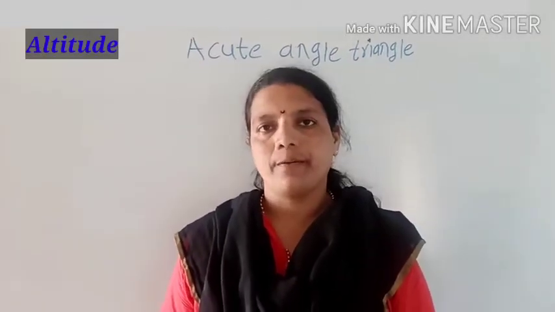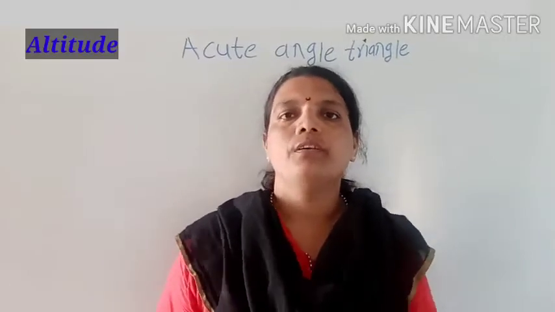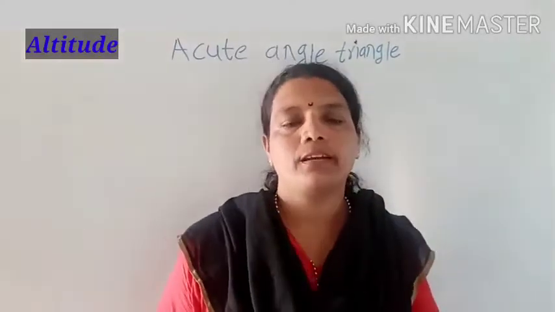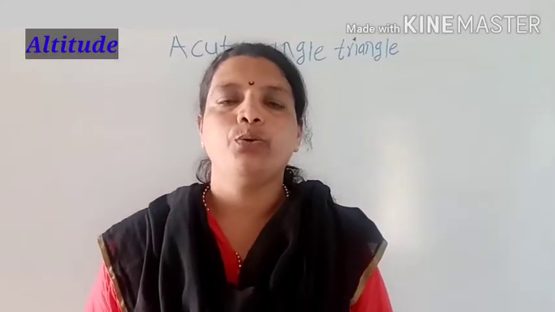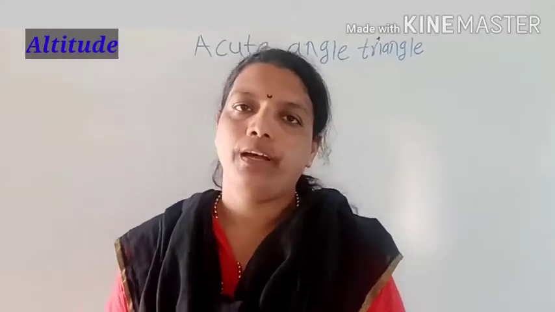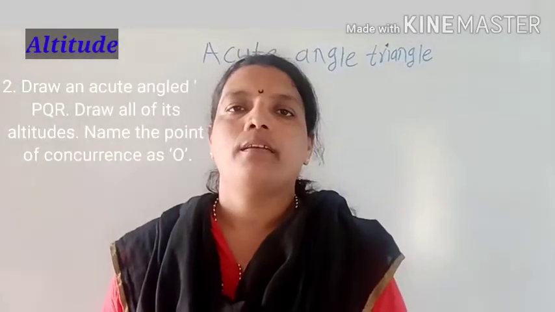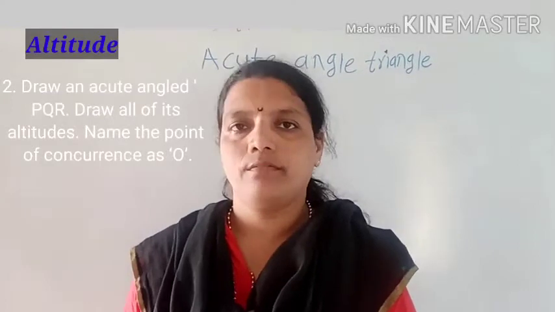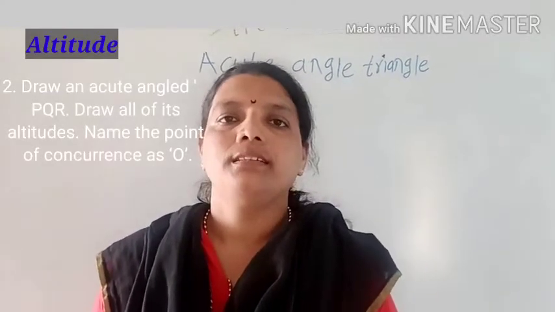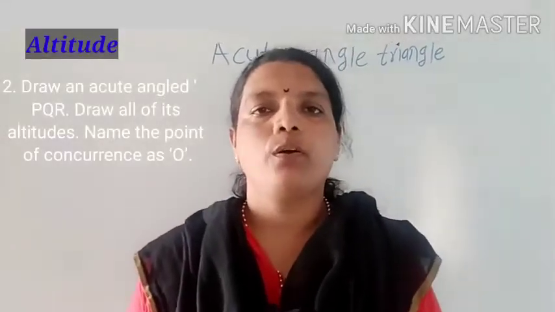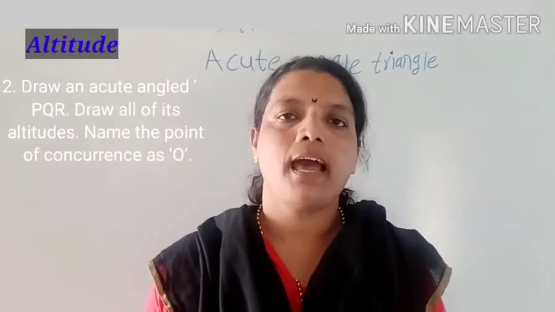First, we will take altitudes of an acute angle triangle. For that, we will take question number 2 of practice set 4.1. Draw acute angle triangle PQR, draw all of its altitudes and mark the orthocenter. So now we will draw triangle PQR, that is an acute angle triangle.